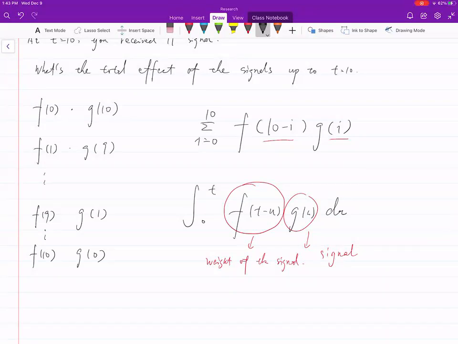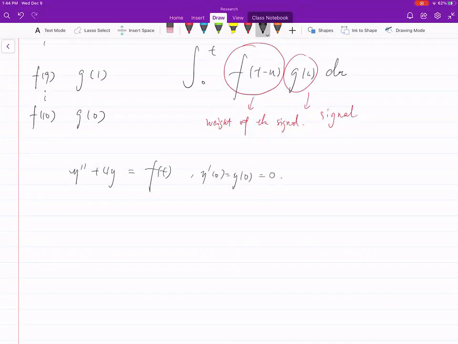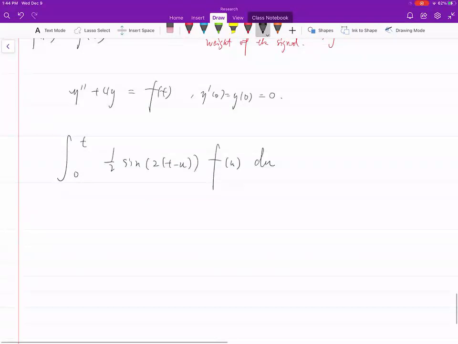Now let's read the solution. We did this. The solution looks like this. Okay.